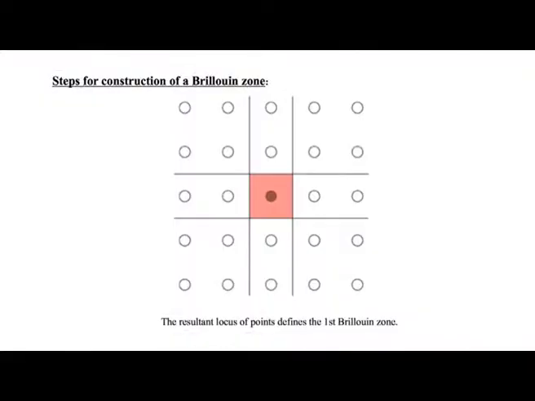The resultant locus of points defines the first Brillouin zone, which I have demarcated using a red color on the screen. So, the red colored zone we can call the first Brillouin zone.